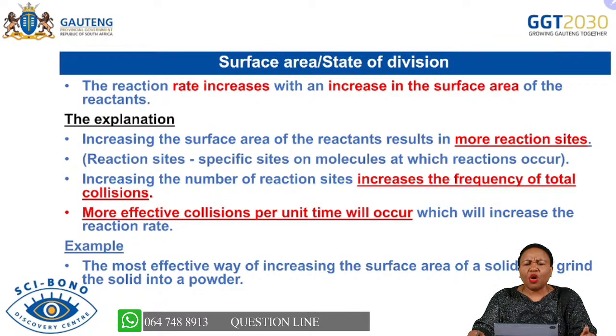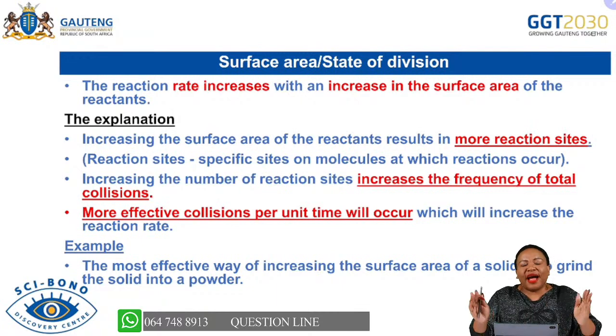Now, when you take a solid like chalk, we normally see white chalks or colored chalks in our schools. If you take a chalk and you grind it and you make it a powder, you will see that the area that the chalk will occupy before you grind it is going to be less than after you have ground it. So before you grind the chalk, it will occupy a certain space.